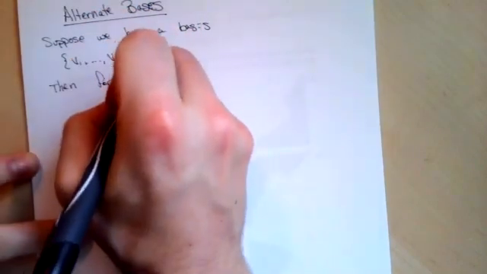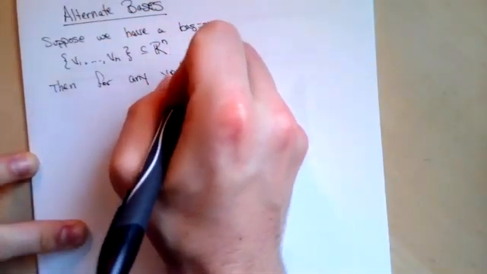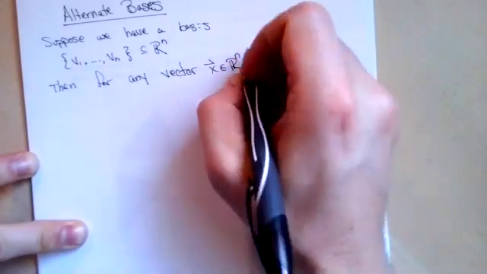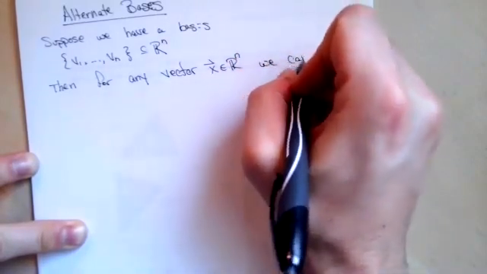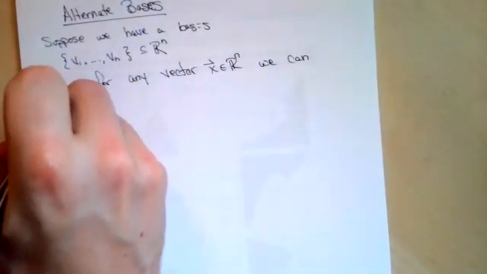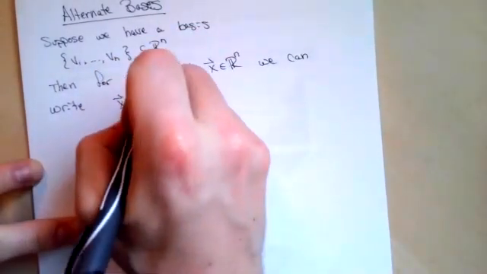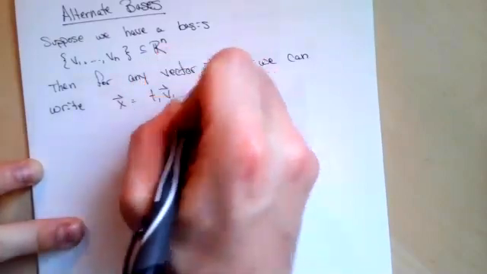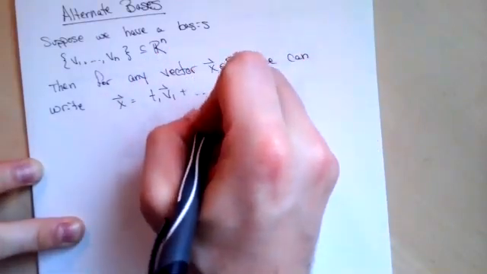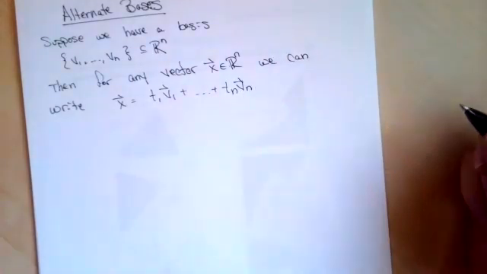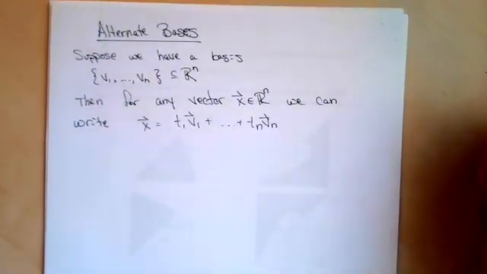Then for any vector x in Rn, we can write x as a linear combination of this basis. And moreover, this is unique.